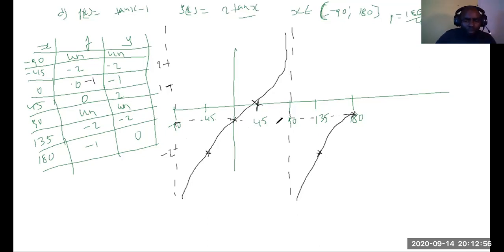Now let me change, put the other one. Let me use this red. Here also we have got to have stretched the graph. So 0 is at 180. At 180 we have got a 0. Okay. But what we have at 0, this may not be correct. Let me see again.